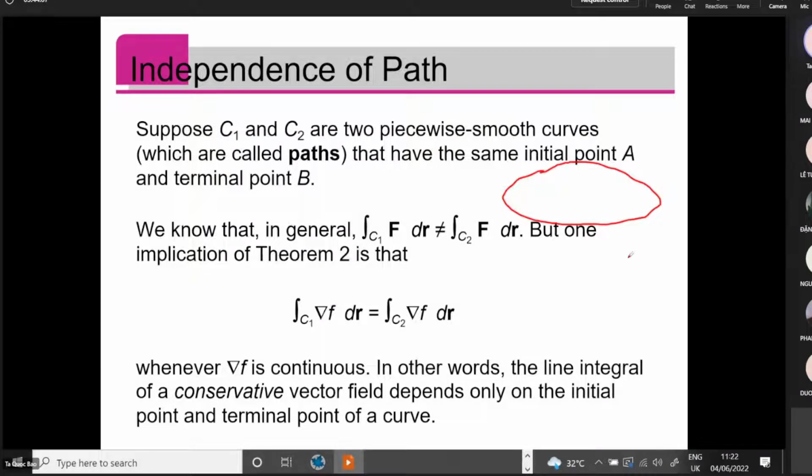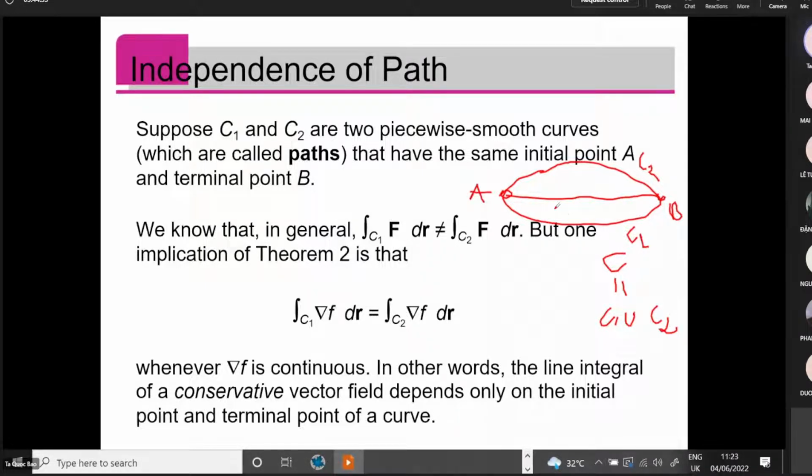The curve C here is divided into two parts. Here is C1, and here is C2. So you can see that C equal to C1 union C2 has the same initial point A and terminal point B.